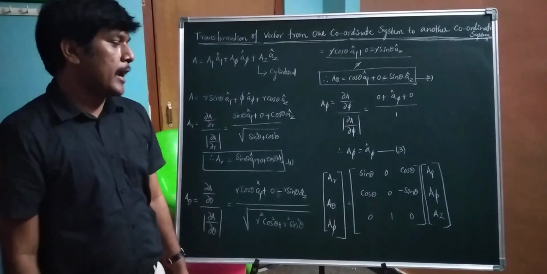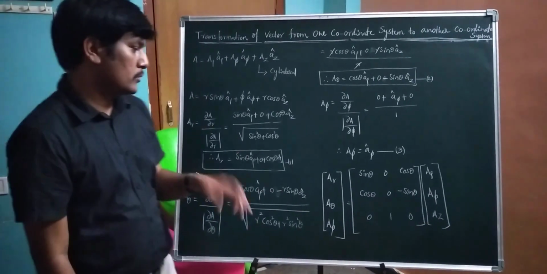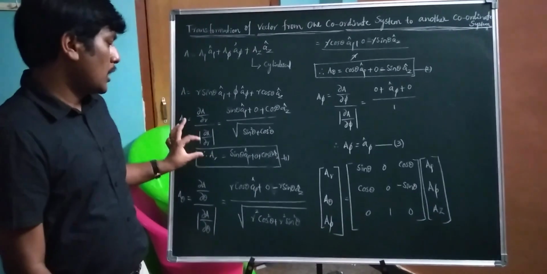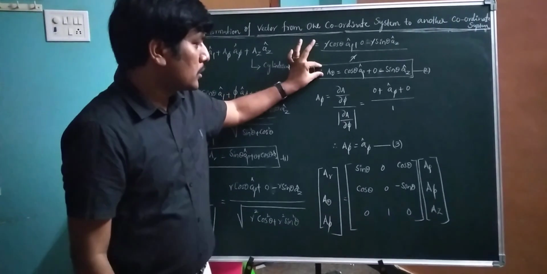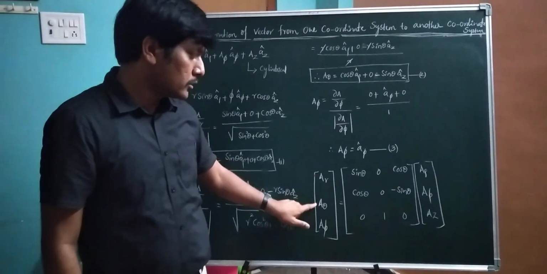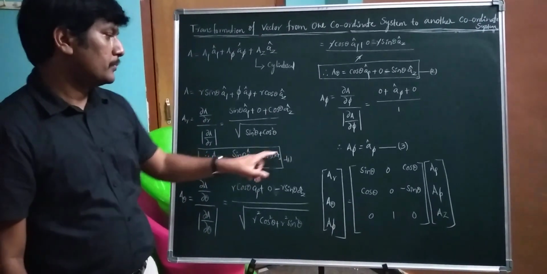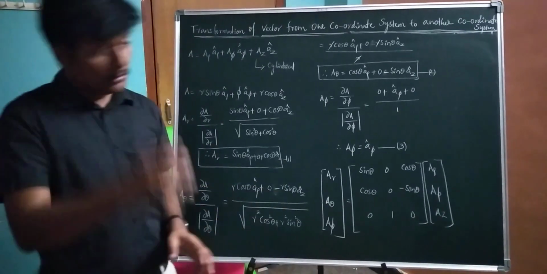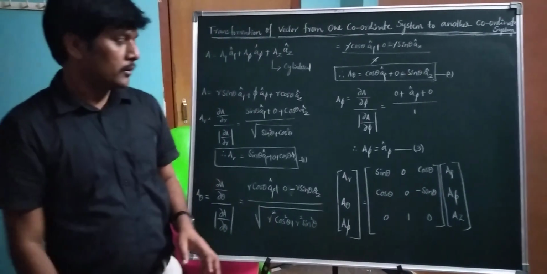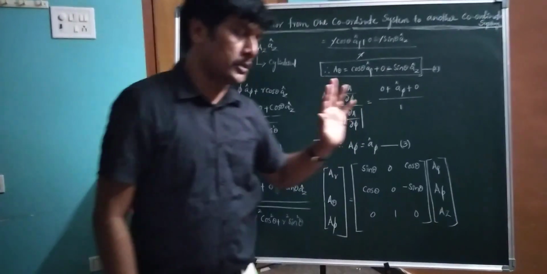So in this, a r, a theta, a pi on the left-hand side, and a rho cap, a pi cap, a z on the right. You have to follow the sequence rho, pi, z, right? So rho, pi, z we are considering.